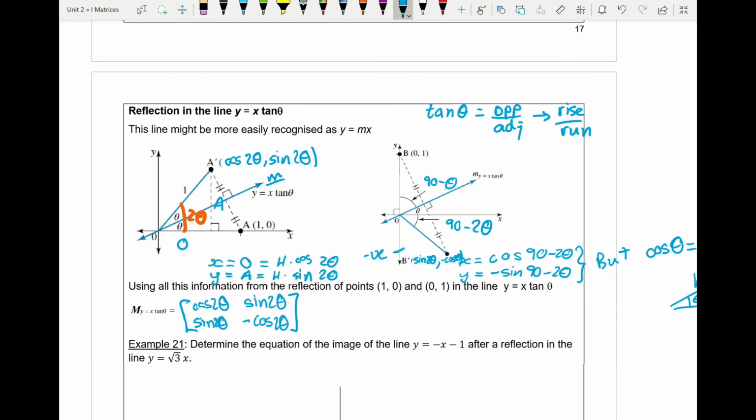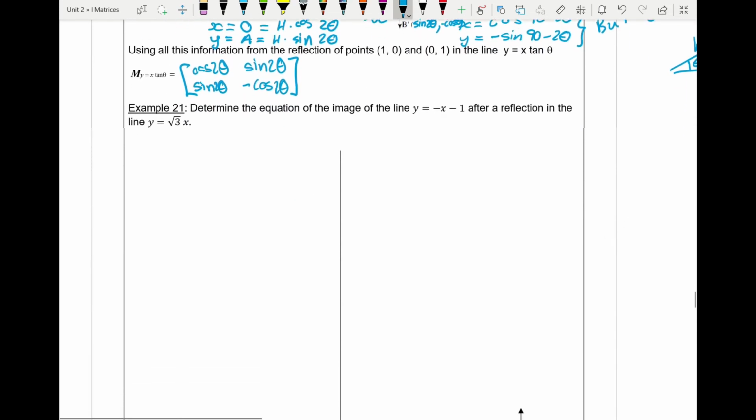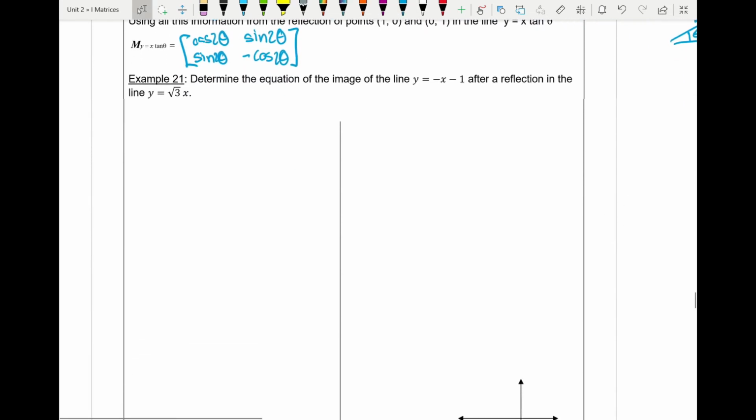All right, so let's apply this in example 21. Determine the equation of the image of the line y equals negative x take 1 after reflection in the line y equals root 3 x. So y equals negative x take 1, and y equals root 3 x is our mediator.